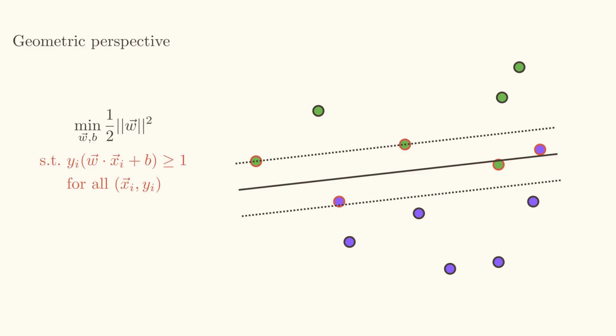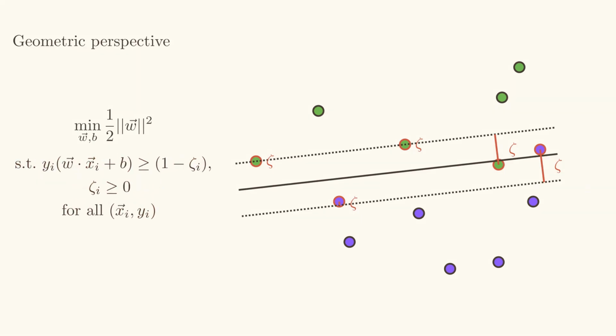We do this by introducing penalty values, which are usually named with the Greek letter zeta. Each sample gets its own zeta value, which is used to relax the constraint on the correct location of the sample. You can also think of zeta as the sample's distance to the correct border of the margin zone, in relation to the total margin zone width.